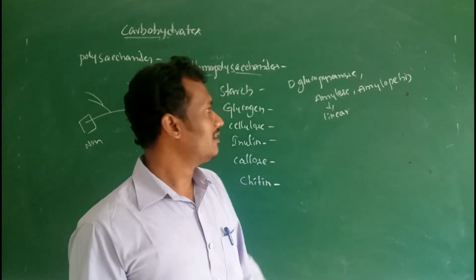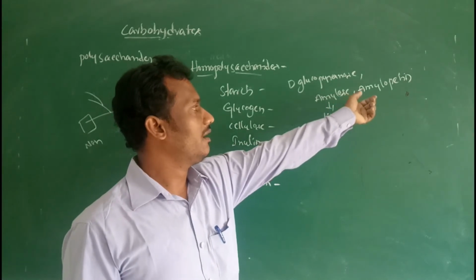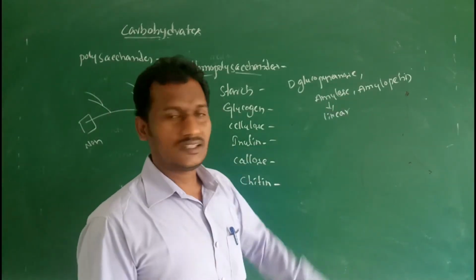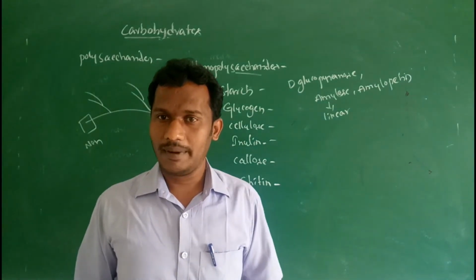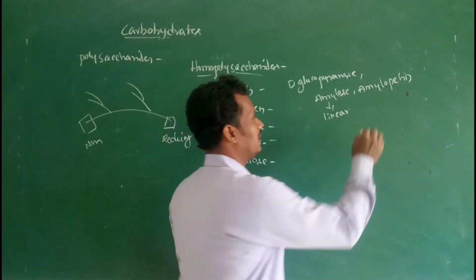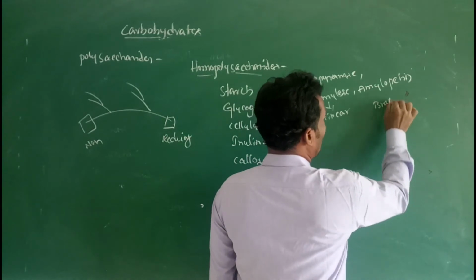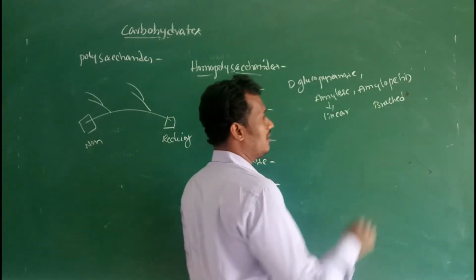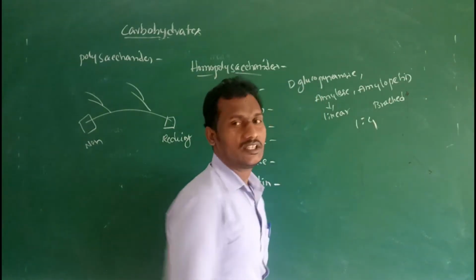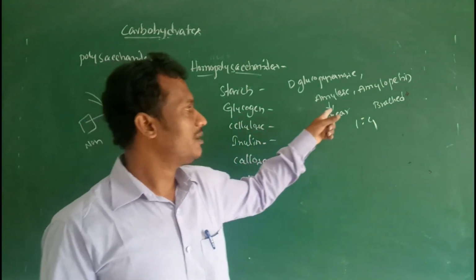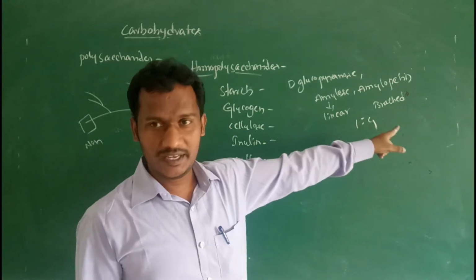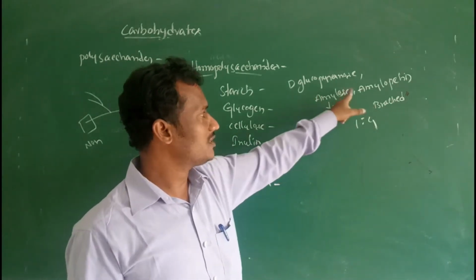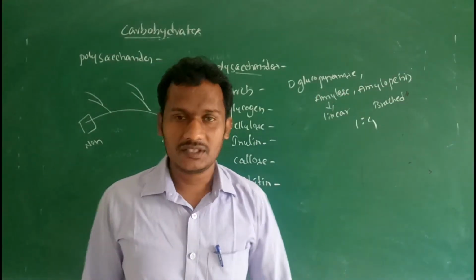Starch is a mixture of amylose and amylopectin. Amylose is linear, without branches, and amylopectin is branched. The ratio is 1:4.